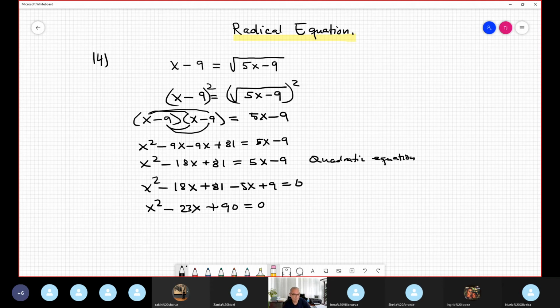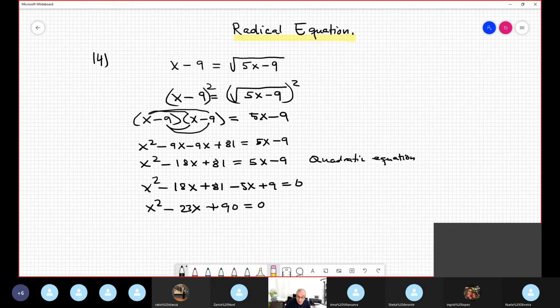Now, this is weird, right? This quadratic equation, by factorization, I suppose it's impossible. Okay, but yes, it's 5 and 18.